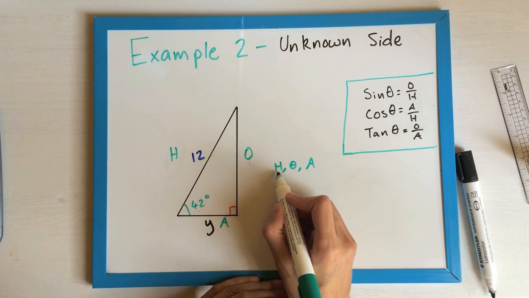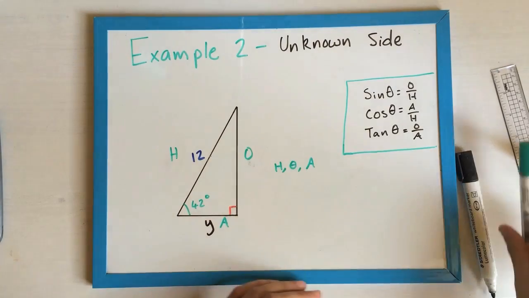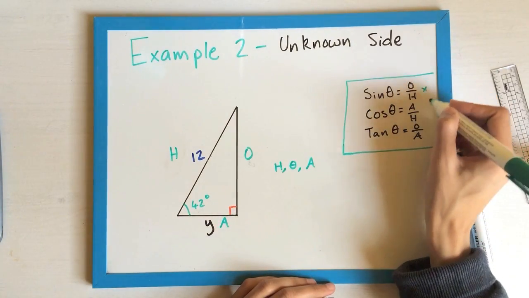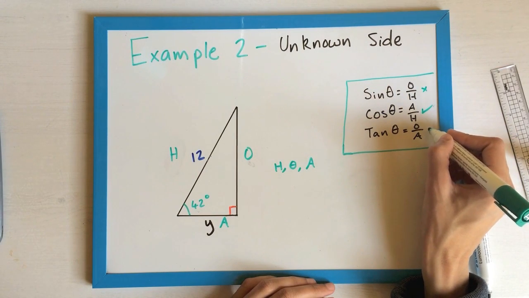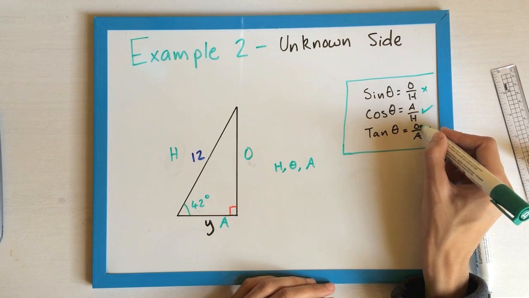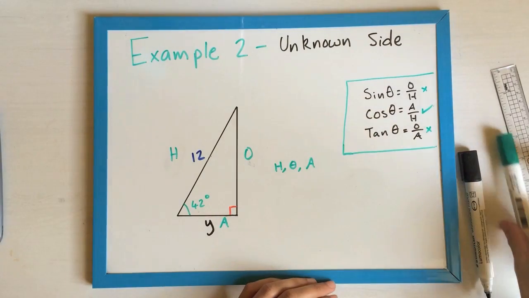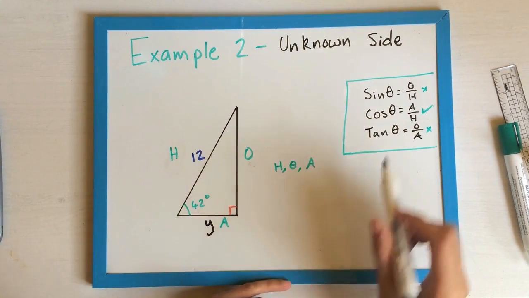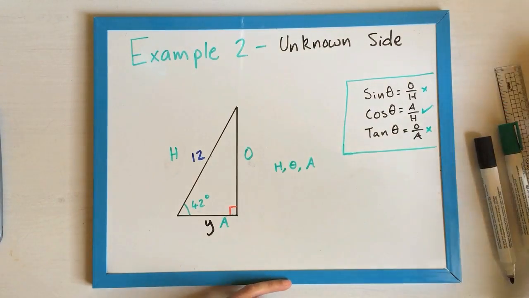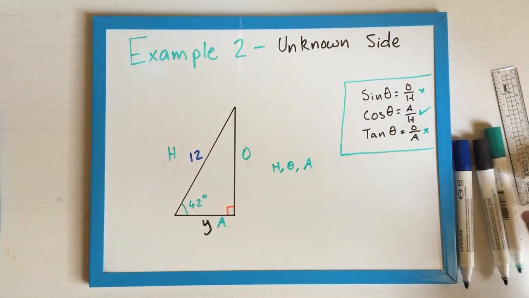Now we just need to look for the one that contains the hypotenuse and the adjacent. Can't use sine. Can we use cos? Yes. Can we use tan? No, since this is looking for the opposite and the adjacent. Let's substitute all of these values into this ratio and now solve.